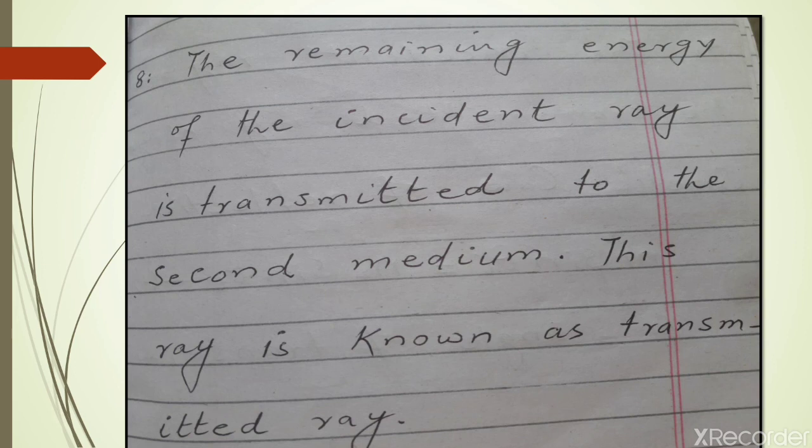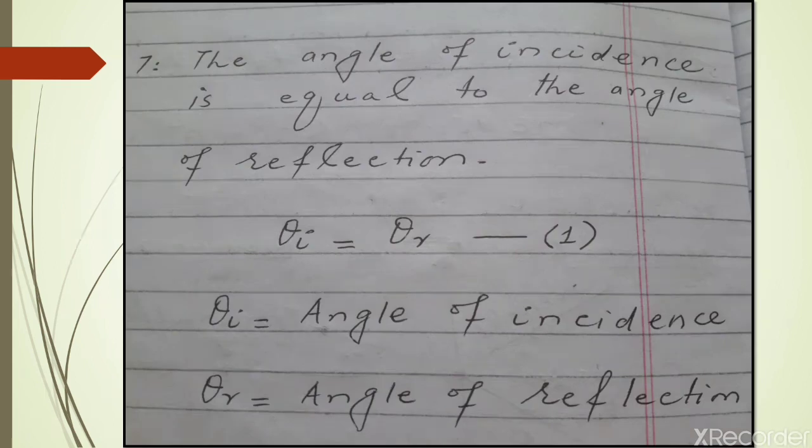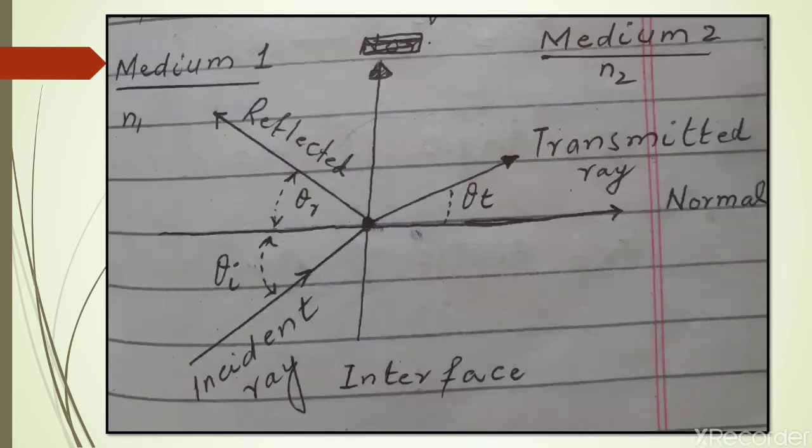Whenever the light ray travels from one medium to another medium, a fraction of the incident energy is reflected back to the same medium, and the remaining energy of the incident ray is transmitted to the second medium. The energy which is transmitted to the second medium and travels in the second medium is known as transmitted ray. You can see the transmitted ray in this diagram.